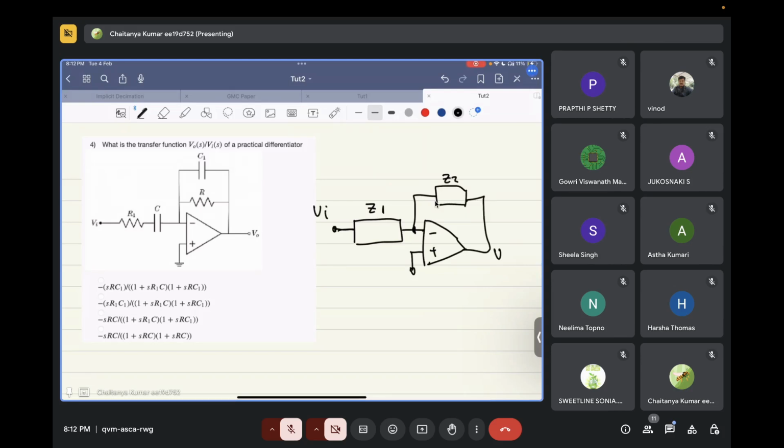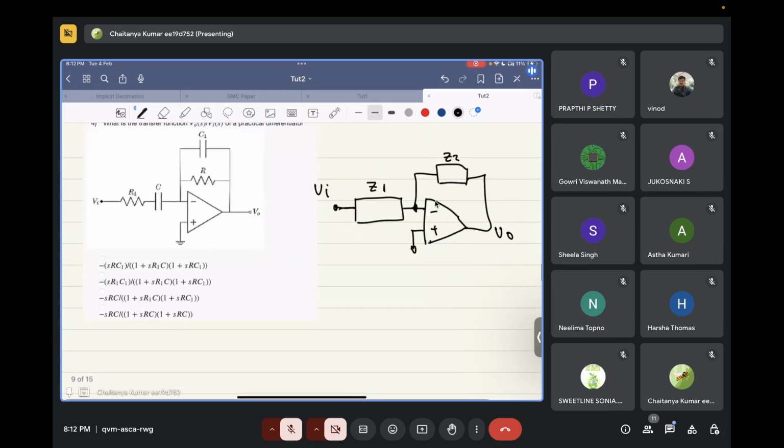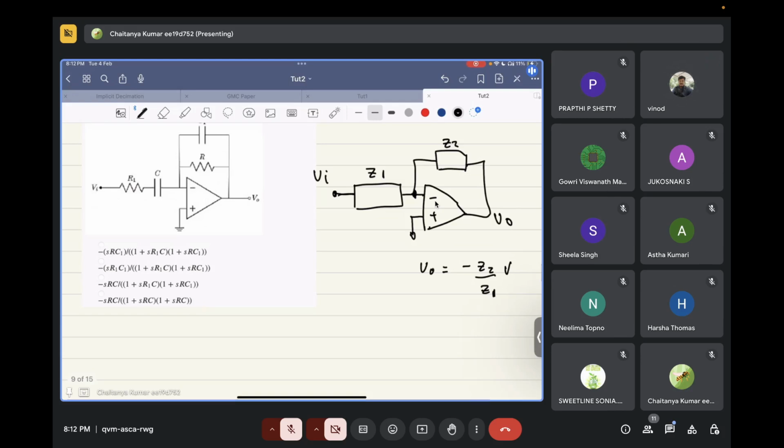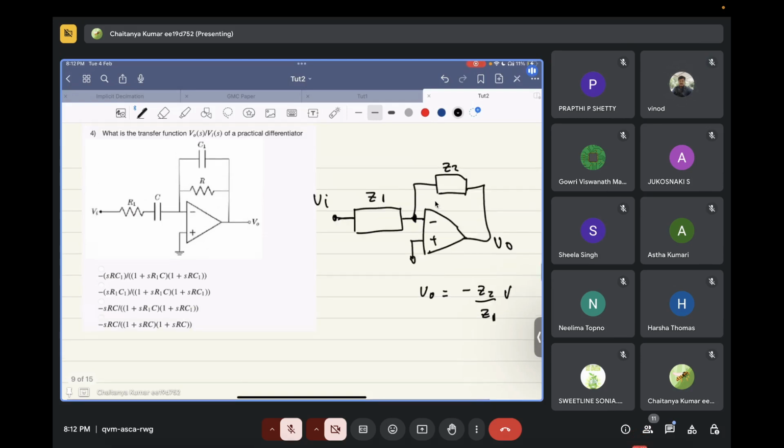This is Vi, this is V0. In this case, what will be your output voltage? Minus Z2 divided by Z1. Z2 is a combination of R and C1 in parallel, and Z1 is a combination of R1 plus 1 divided by SC. Basically, this is the general expression.